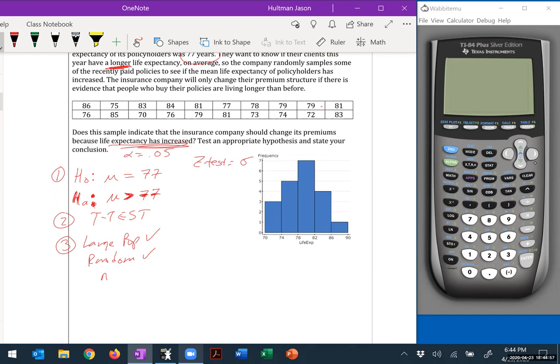That's almost never known to you. What you run, if you have a proportion, is what's called a one prop z-test. They're different.